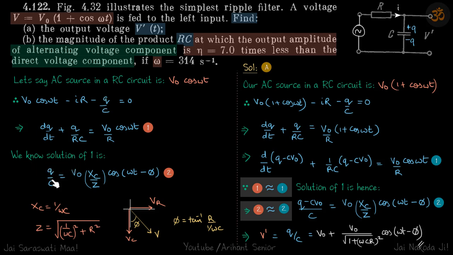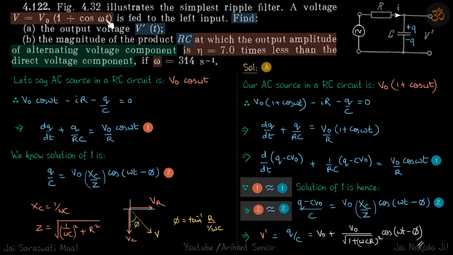We know that in an RC circuit, the voltage across the capacitor is given by V0 times Xc by Z times cos(omega t minus phi). In the phasor diagram, the voltage across the capacitor lags behind the source voltage by phi, and phi is tan inverse of R upon Xc, so tan inverse of R upon 1 by omega C. That's why the equation becomes cos of omega t minus phi.